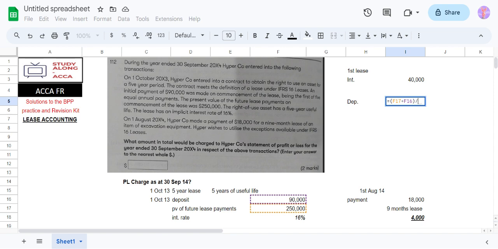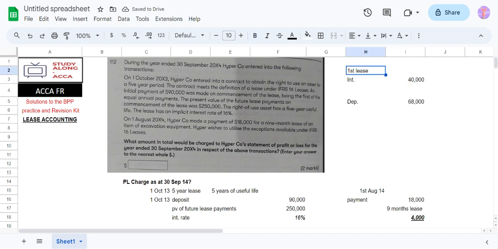And then the number of years is 5, since it is a 5-year lease and the useful life is also 5 years. So we will divide it by 5. So 68,000 will be the depreciation for lease A, or the first lease. So interest plus depreciation, 108,000 will be the P&L charge for lease 1, and 4,000 is for lease 2.